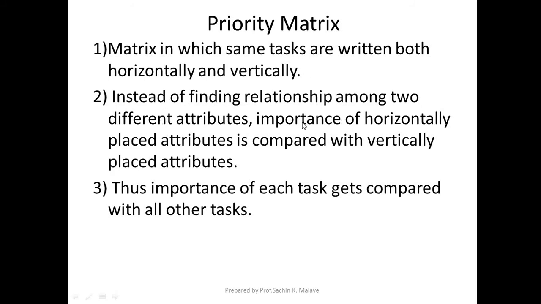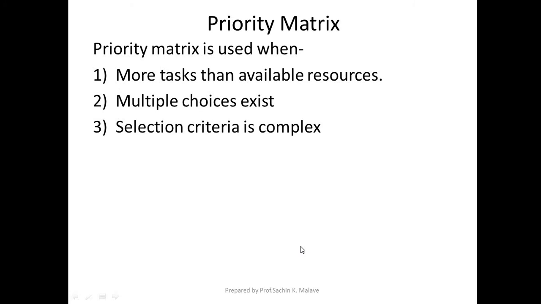Here the importance of horizontally placed attributes is compared with vertically placed attributes. The importance of each task gets compared with the other tasks. The priority matrix is used when there are more tasks than the available resources.